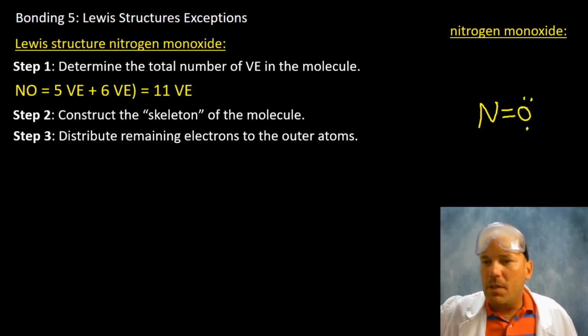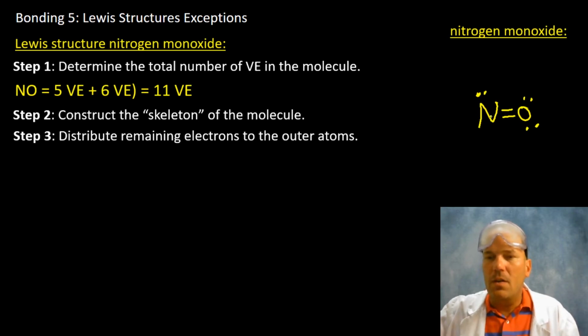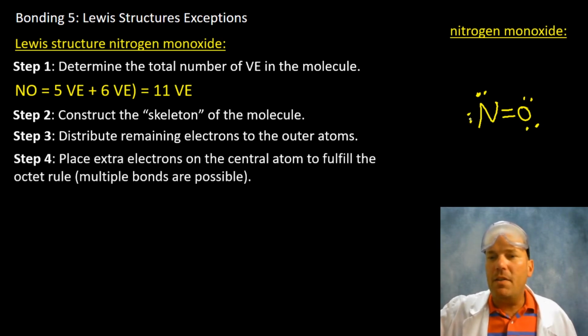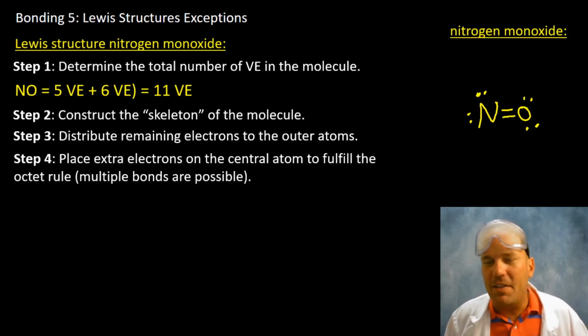In which case you end up with this, and then you have 2 electrons here. Let's see where we're at. 2, 4, 6, 8. So oxygen's happy. Nitrogen, 2, 4, 6. Now if I put 2 more here and make it 8, that means I'm exceeding my 11. 2, 4, 6, 8, 10, 12. I have 12. No, I only have 11.